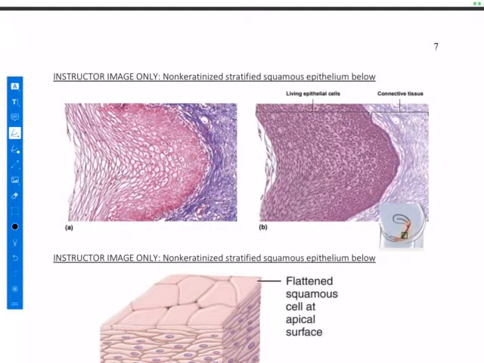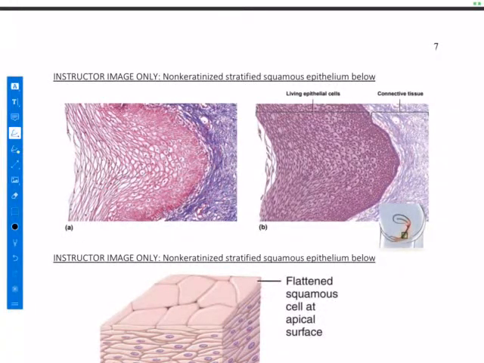There are basically three stratified epithelia that are named for the shapes of their cells. We're presently looking at the squamous one, which is the flat cell, but later we'll look at stratified cuboidal and stratified columnar, although stratified columnar is really rare. The fourth type of stratified epithelium is transitional epithelium, and we'll talk about that in a moment.